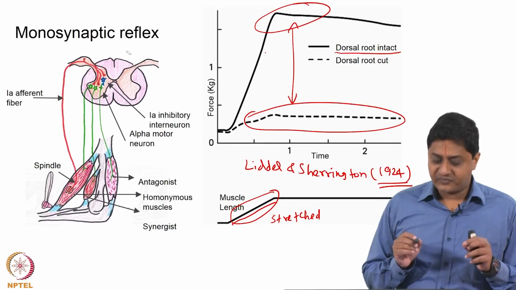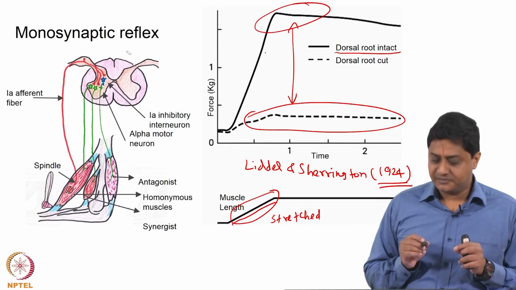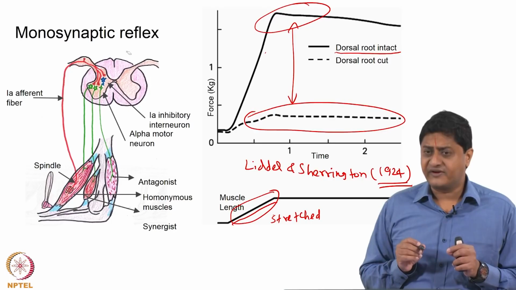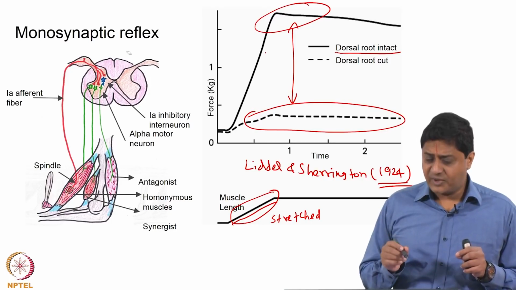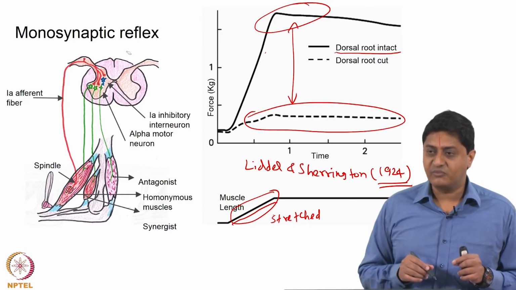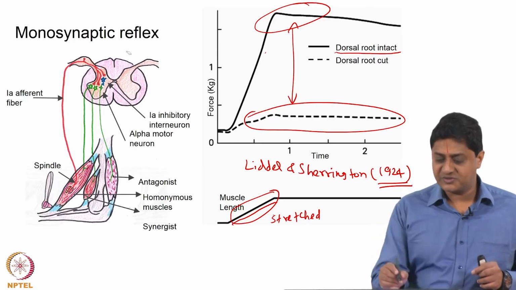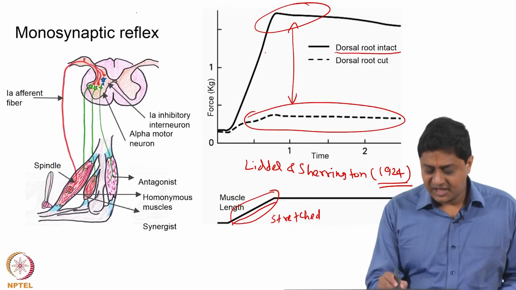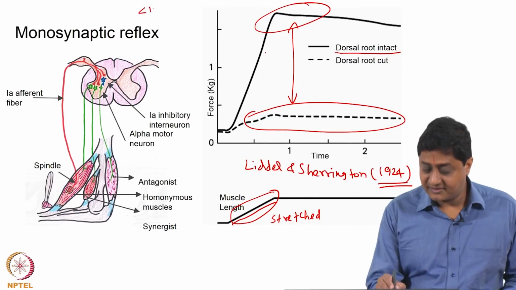If you excite the 1A afferent at the dorsal root, the response at the ventral root of the corresponding alpha motor neurons is found at slightly less than 1 millisecond.